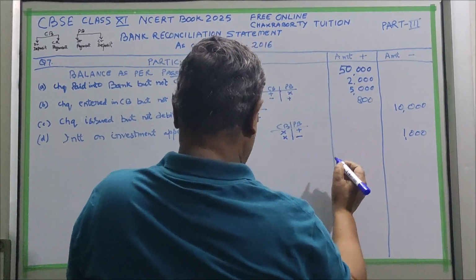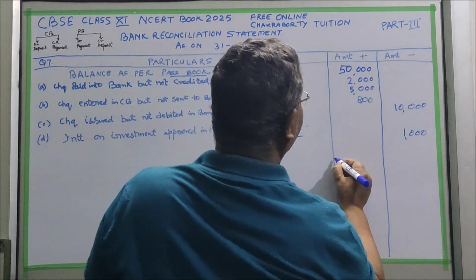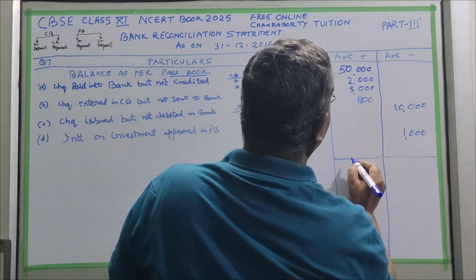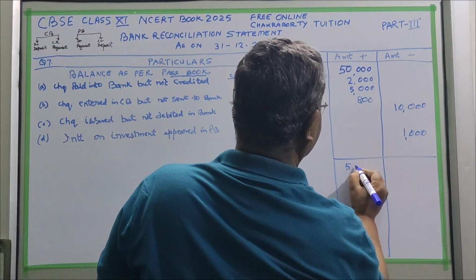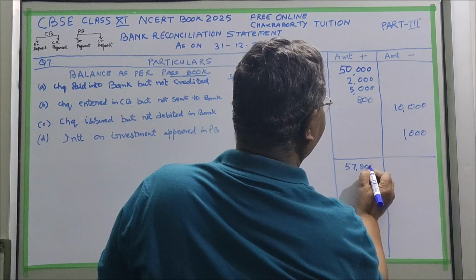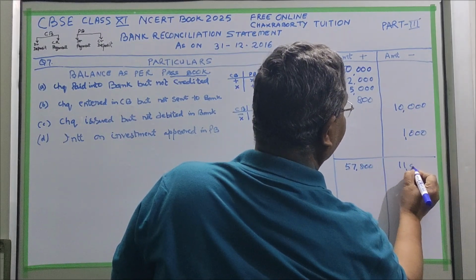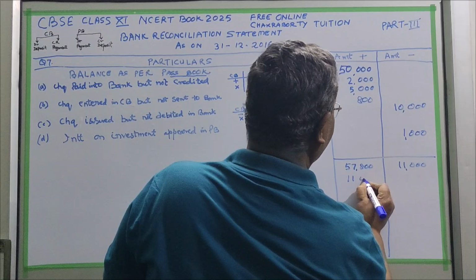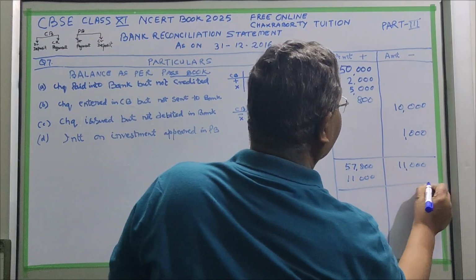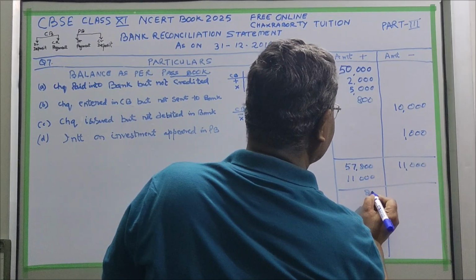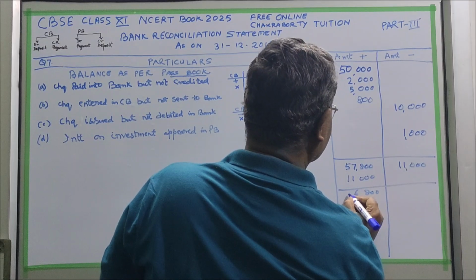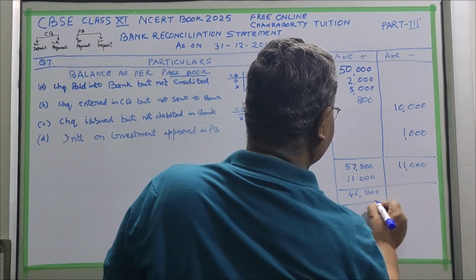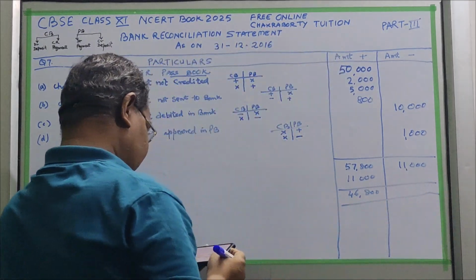Now the balance. This side is 50,000, 2,000, 5,000 and 800, and on this side 11,000. So 11,000 will come to this side. So the balance is 46,800.